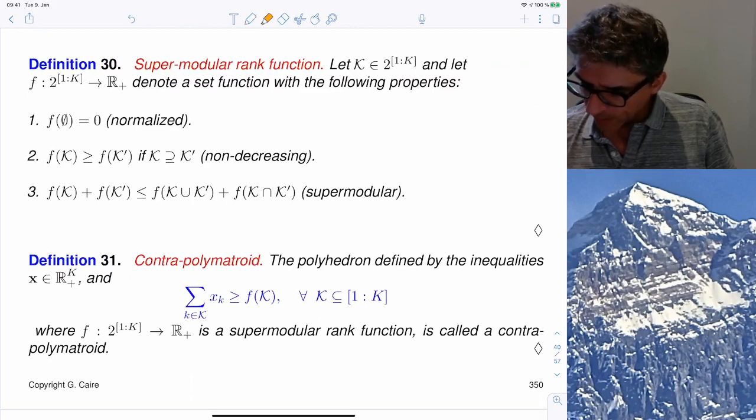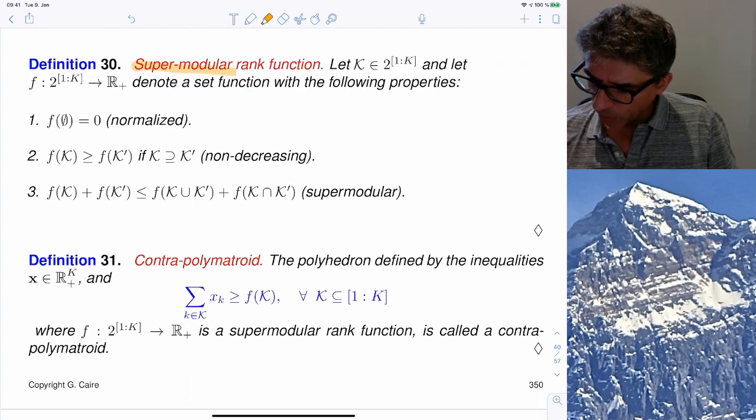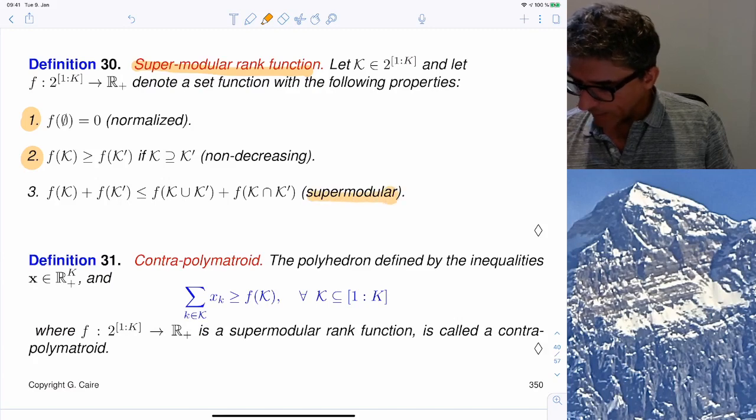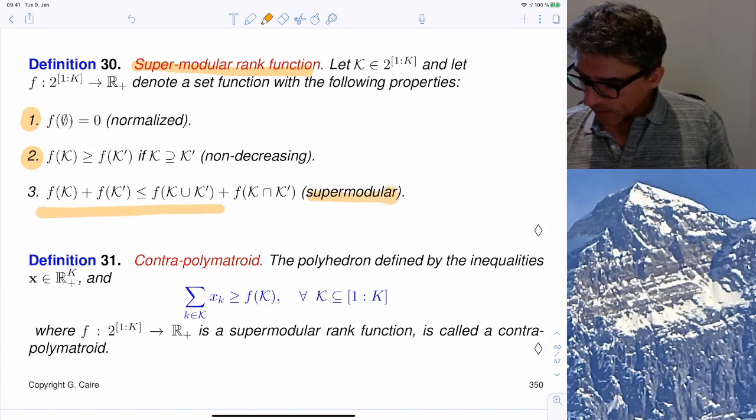The only thing is that now we have a supermodular rank function, and the supermodular rank function has the same properties 1 and 2, but property 3, called supermodularity, has the reverse inequality here.